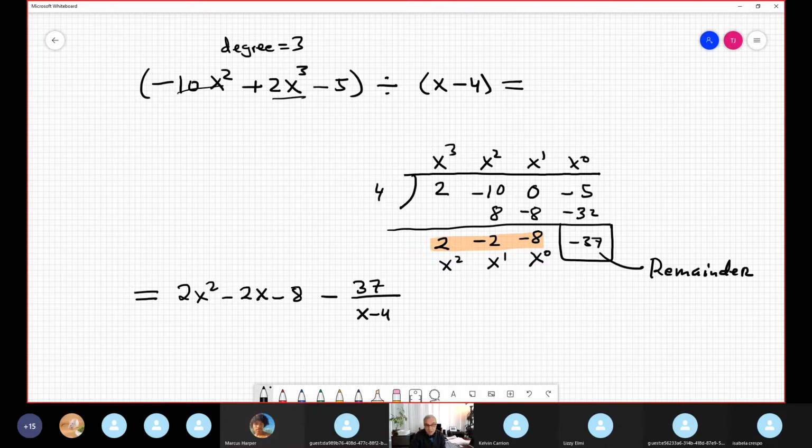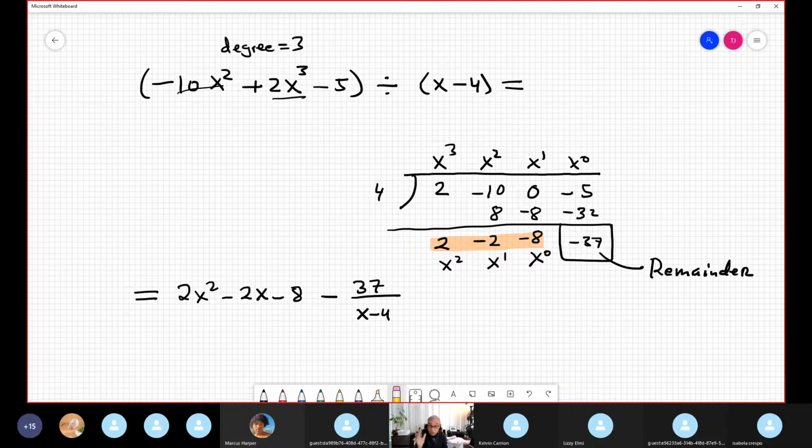When the remainder is 0, it's nice, because that part does not exist. That is the reason this factor belongs to the polynomial, but in this case, no. The remainder is a number, negative 37.